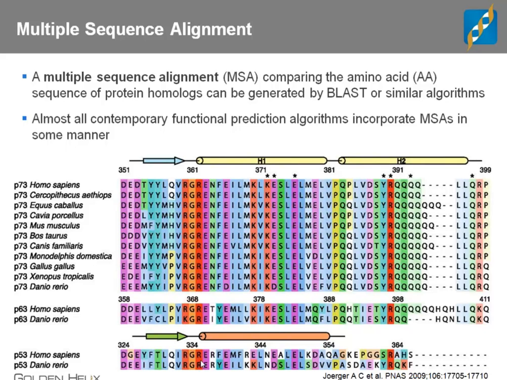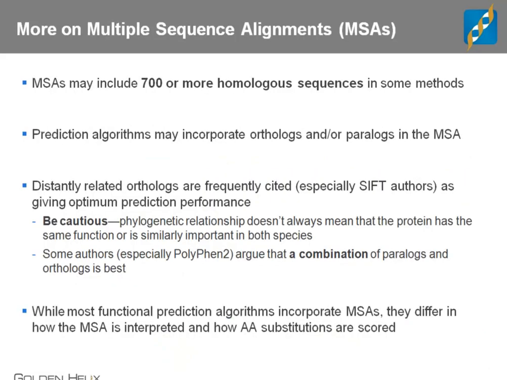While at other positions, we see less conservation. So here with the Q, H, P, Q, several different possibilities there. And as we look at the different algorithms today, you'll see that they all take advantage of this type of process. And the MSAs may include 700 or more homologous sequences. Some of them get very large.